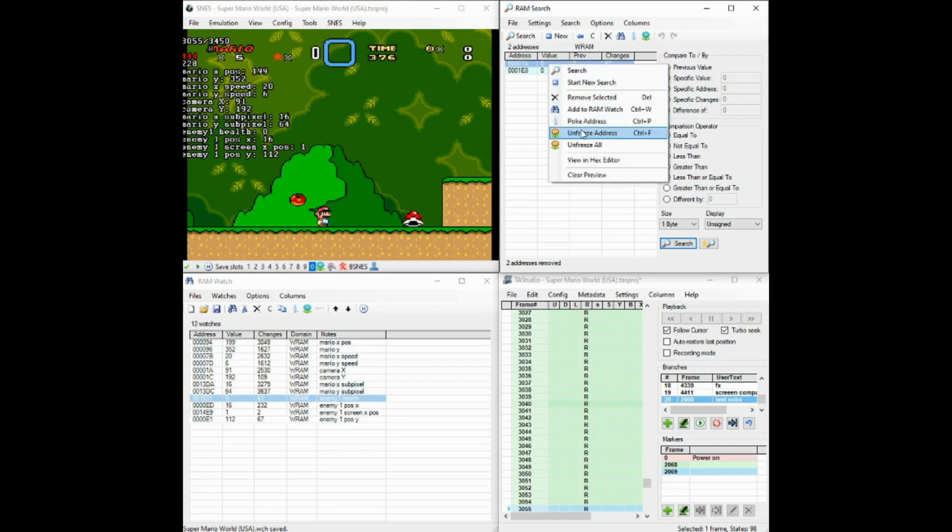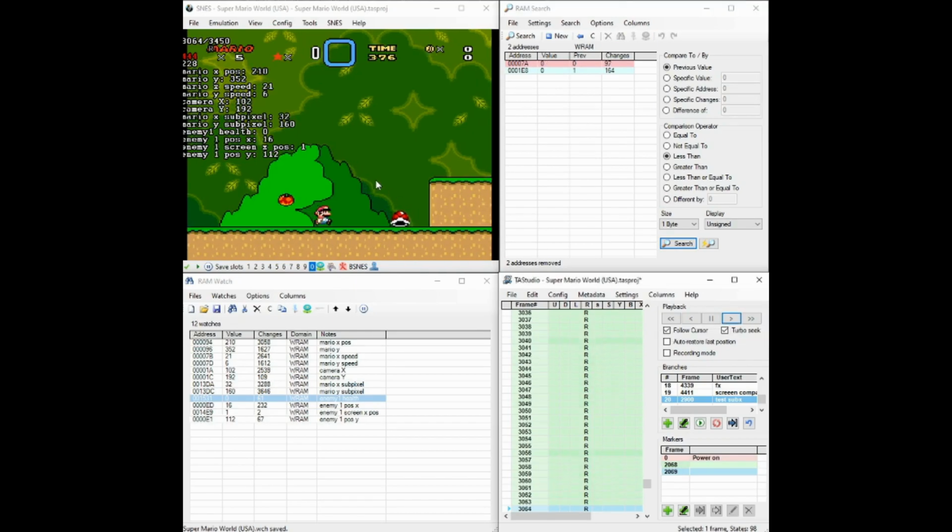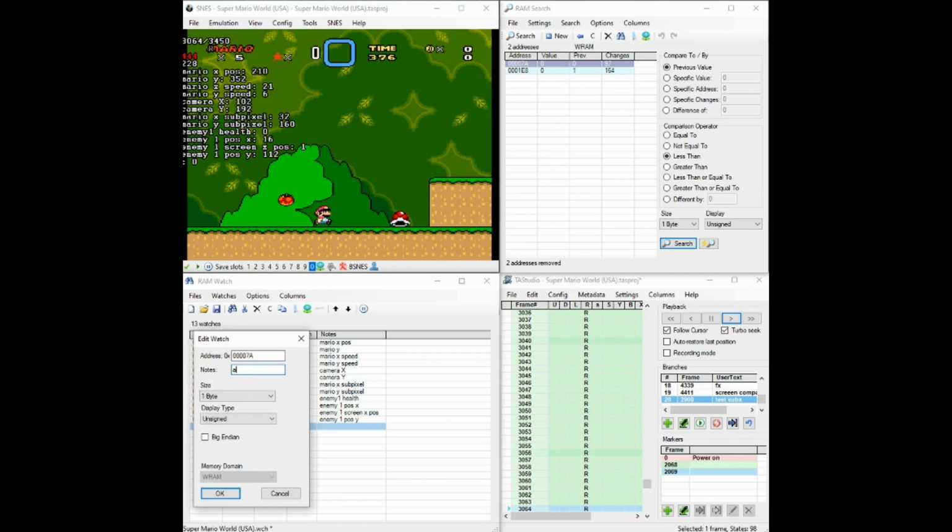So I'm going to unfreeze this address and let us see if he starts. Yeah, 21. X speed 21. So 7A is Mario's X subspeed.